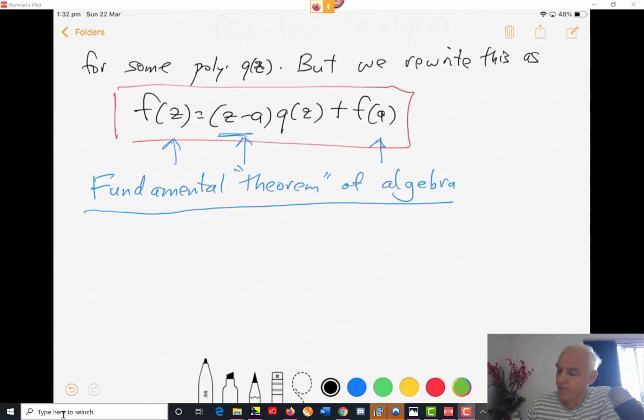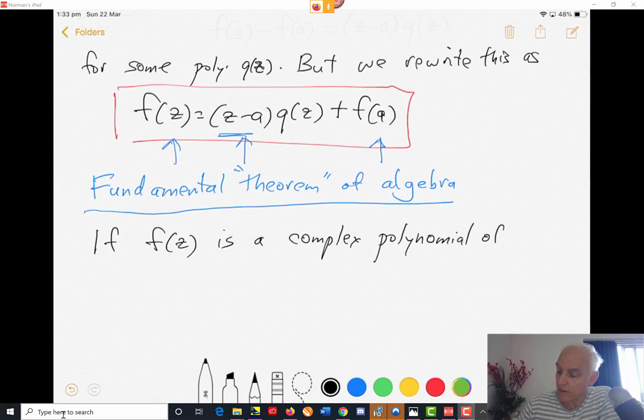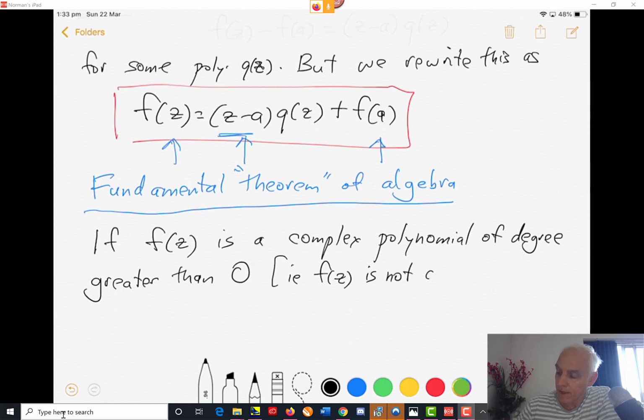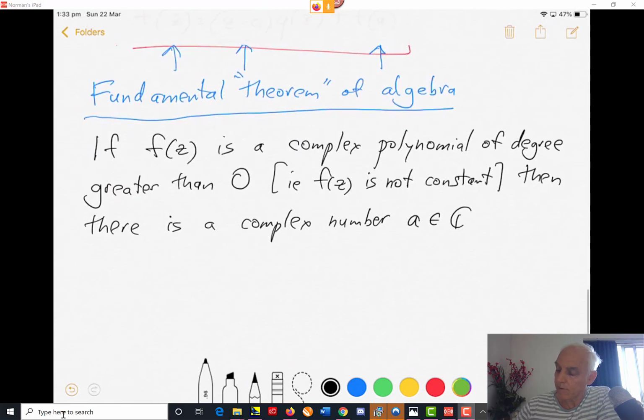Okay, what is the theorem? The theorem is that if f of z is a complex polynomial of degree greater than 0, that is, it's linear or quadratic, it's not a constant, i.e. f of z is not a constant polynomial, then there is a complex number, say a in C, such that f of a equals 0.